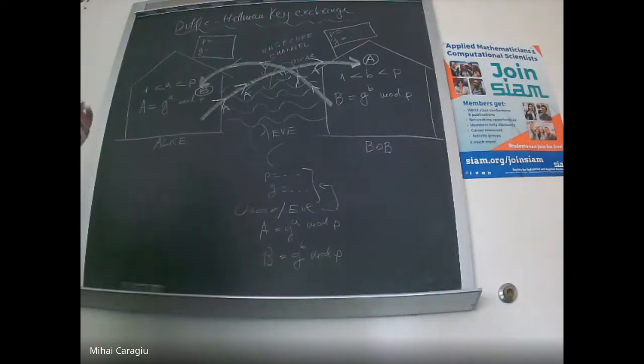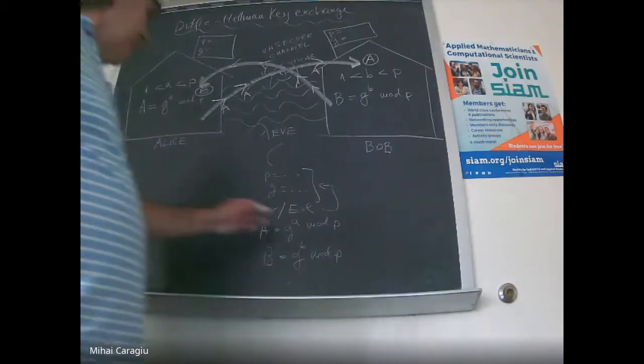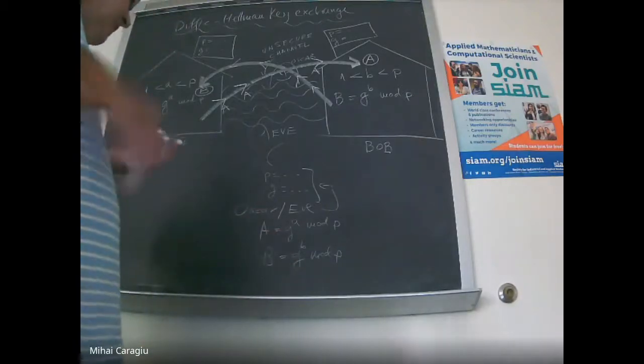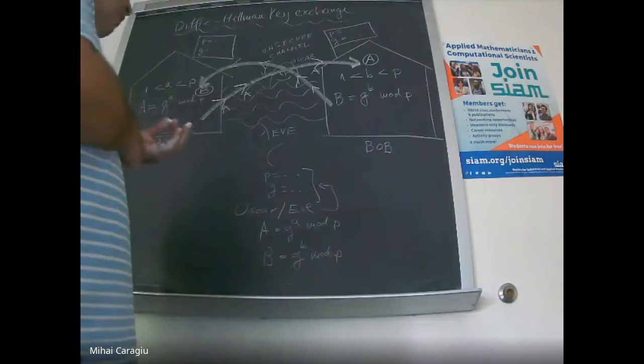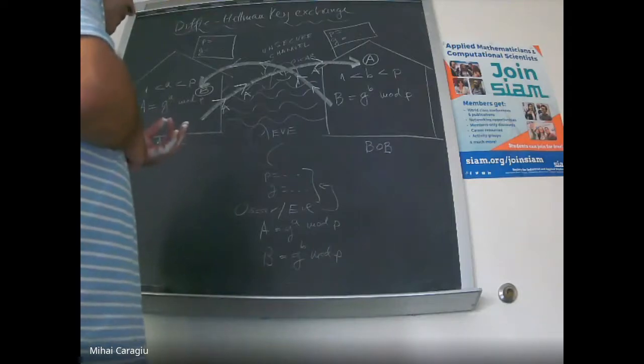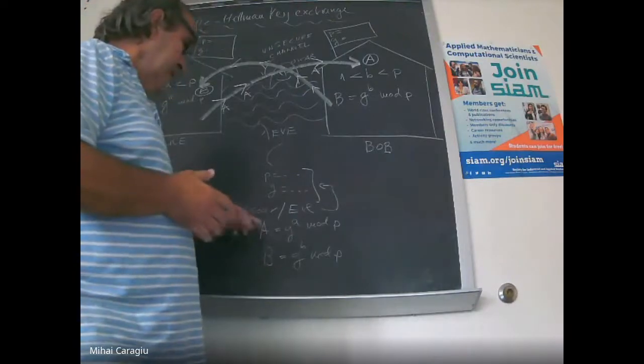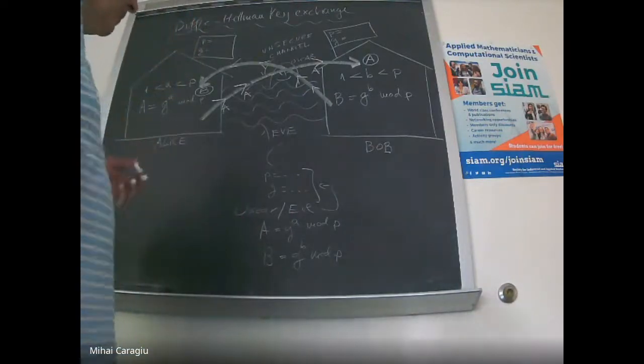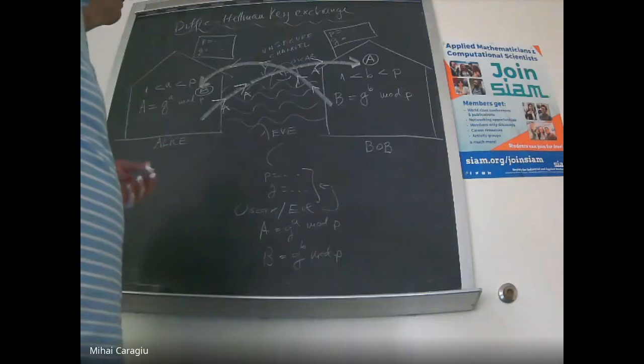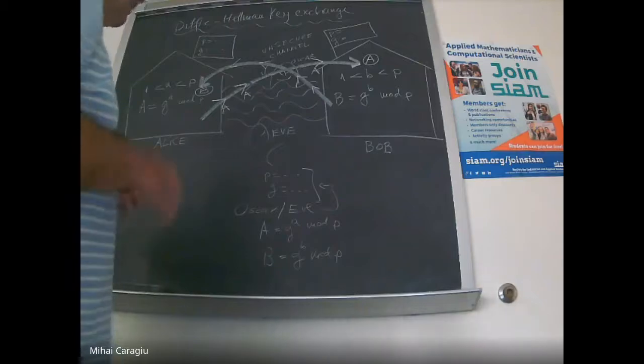Even if they know big A and big B, they cannot find small a and small b. They are unable to find which power of the known primitive root modulo a large prime gives a value A. That's the strength of Diffie Hellman key exchange.